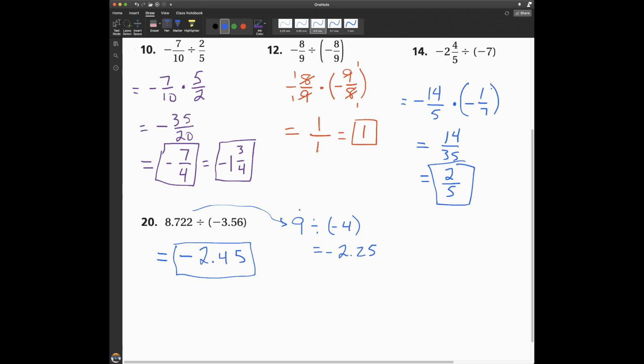So since I'm estimating, my real answer should be close to negative 2.25. And it turns out it is. Sometimes estimating an answer helps you to make sure that your answer is correct, and that you have the decimal in the right spot. So that's the correct answer, negative 2.45.